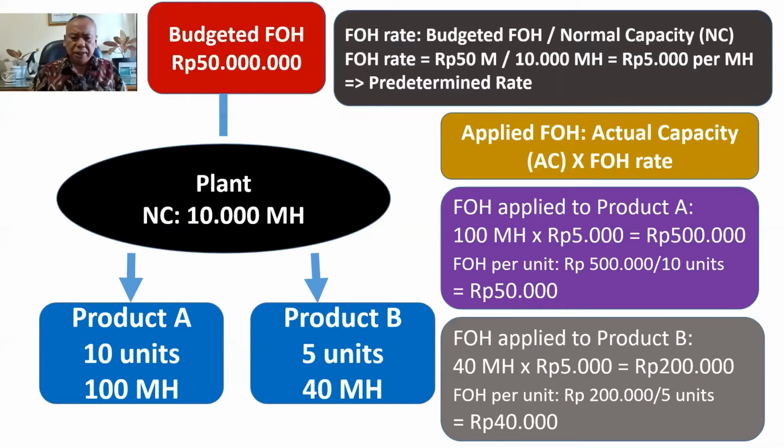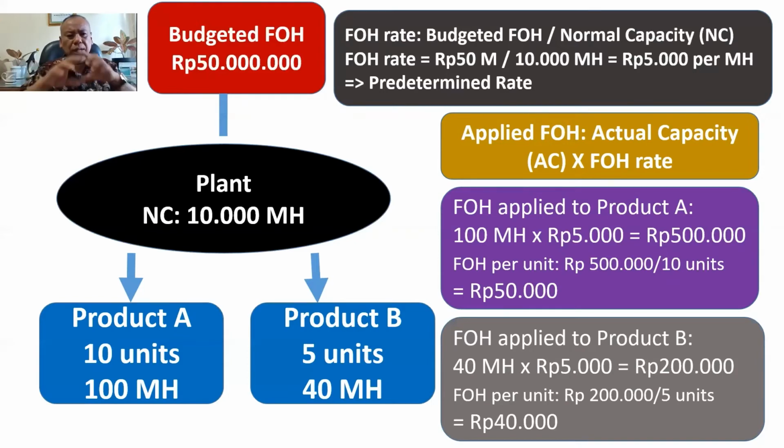So 40 machine hours times the factory overhead rate 5,000, so we find 200,000. And then factory overhead cost per unit of product, 200,000 divided by 5 units, so we find 40,000.